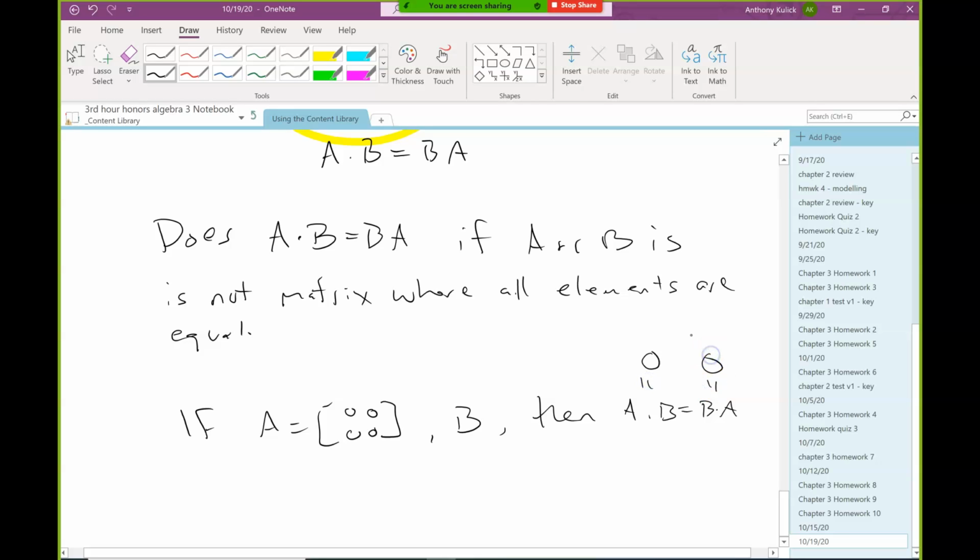Again, we're stipulating still that A and B are both square matrices of the same size. They're both n by n's. Like 2 by 2s like we've been working with. If anybody was objecting to that, like, whoa, what if B's not 2 by 2? We've decided that we're talking about 2 by 2s here. So that's good.